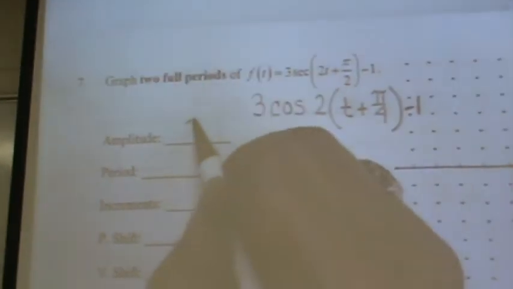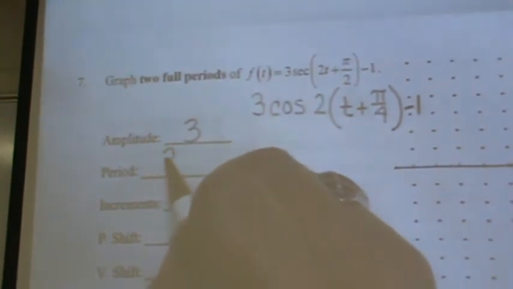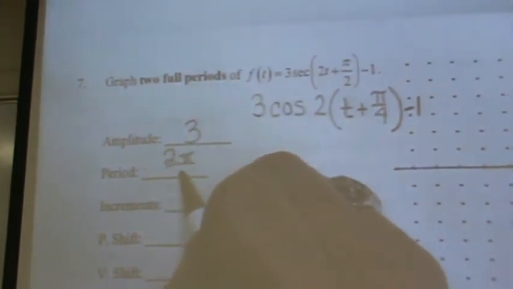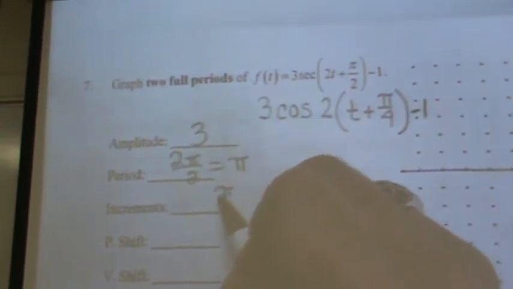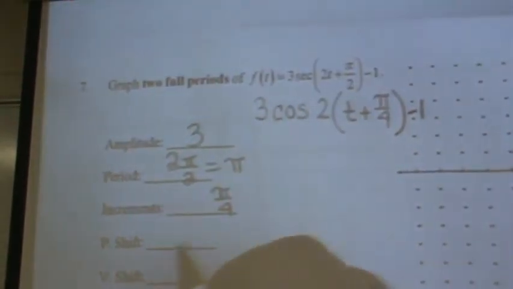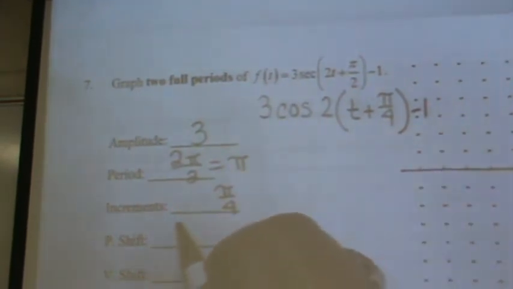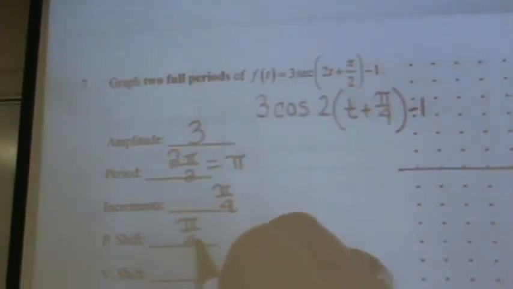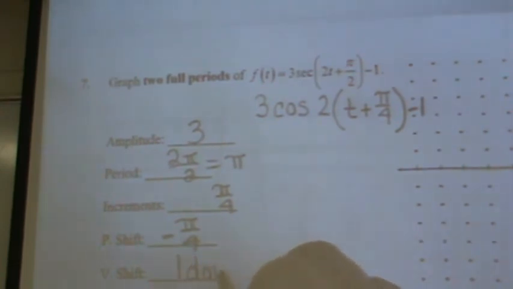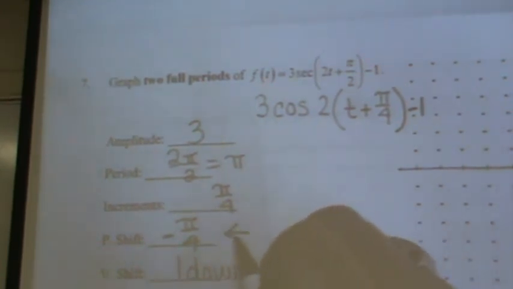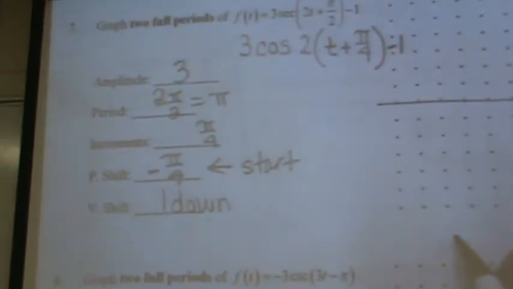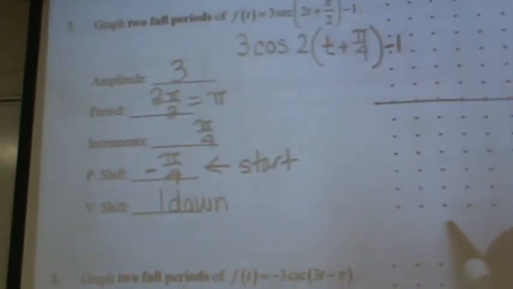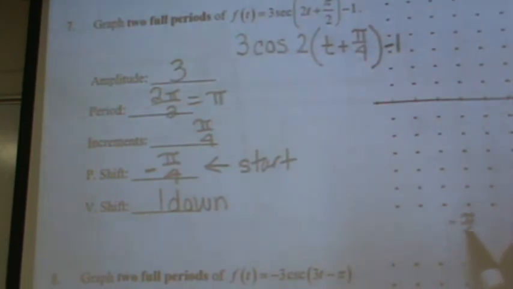Okay, amplitude is 3. Their period is 2 pi over 2, because that's your B value, so pi. Increments. Your phase shift, oh, we got lucky here. It's pi over 4 to the right, or left, I'm sorry. And 1 down. So this is where you're going to start. You're going to start at negative pi over 4.